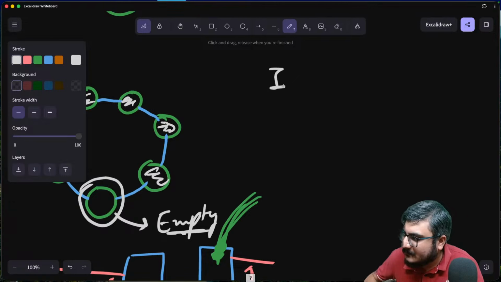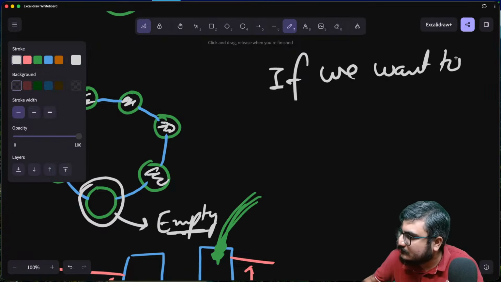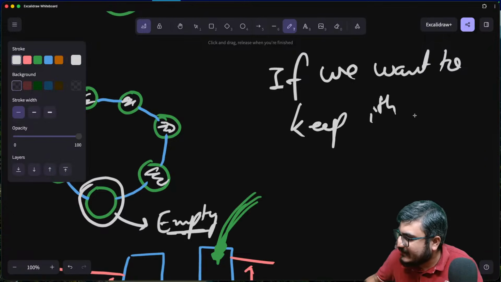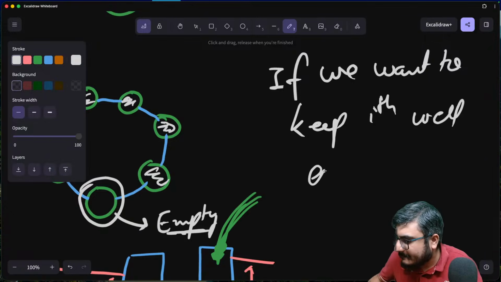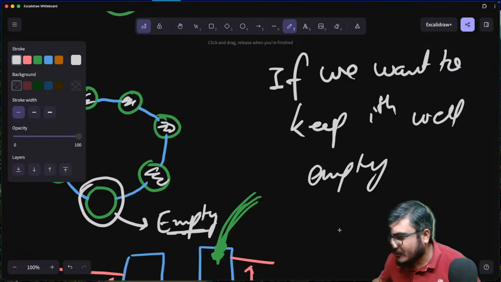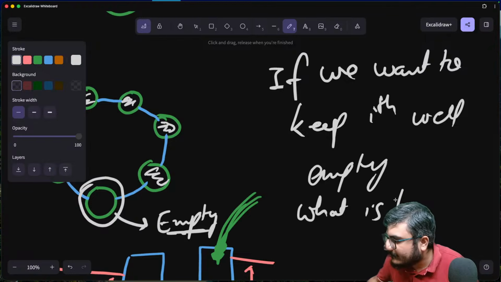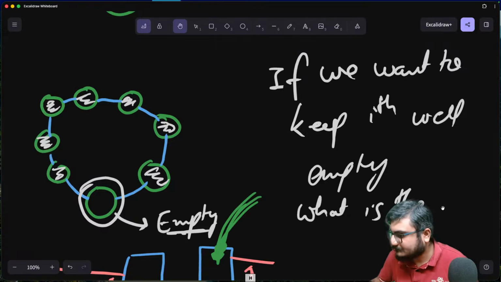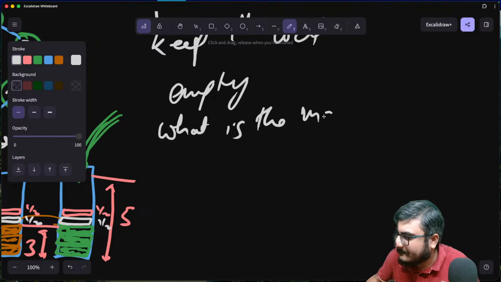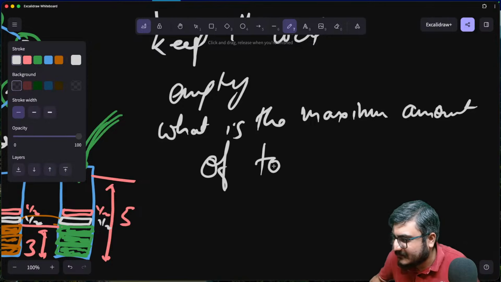If we want to keep a well empty, what is the maximum total water we can fill in all the remaining wells?